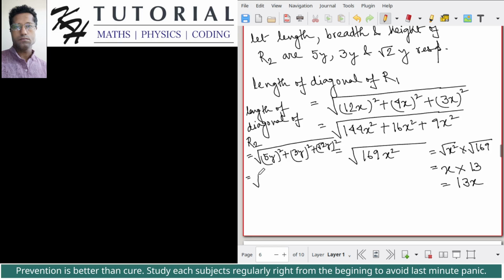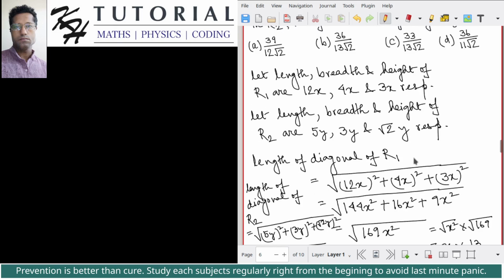This is equal to the square root of 25y² plus 9y² plus 2y², which is 36y², and this is equal to 6y.